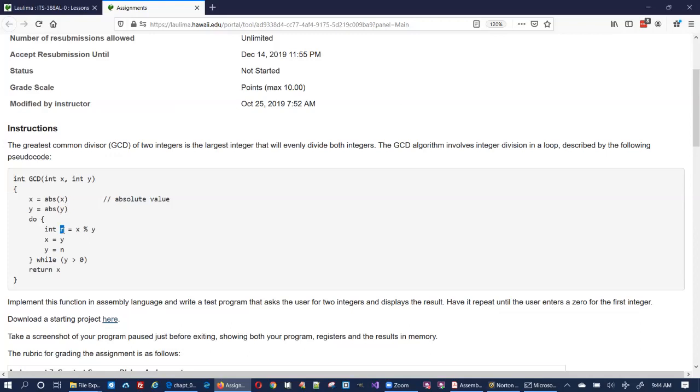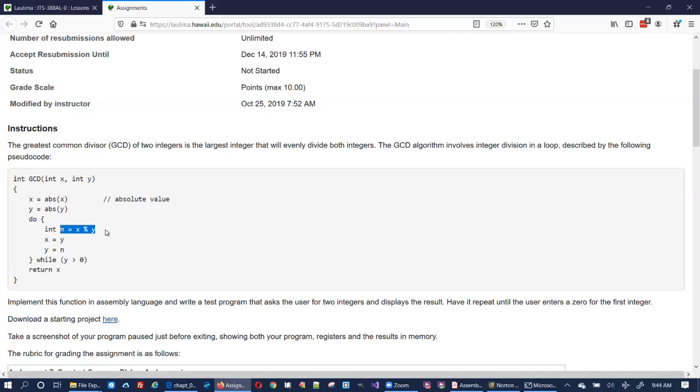That's the mod operation. So if we use a division instruction, this is going to be the EDX register, this is going to be the EAX register, and we're going to use probably EBX for the Y.